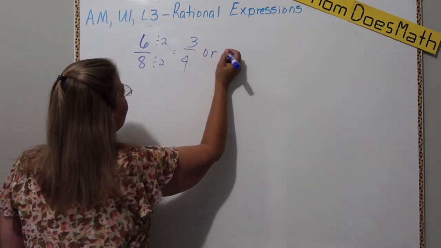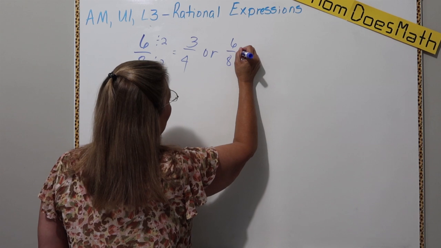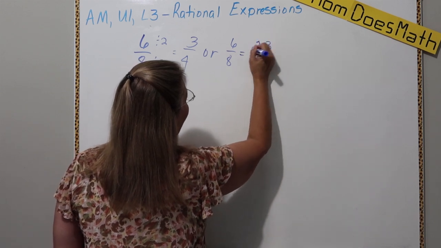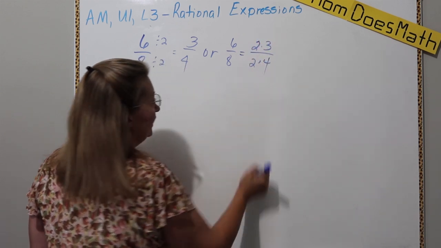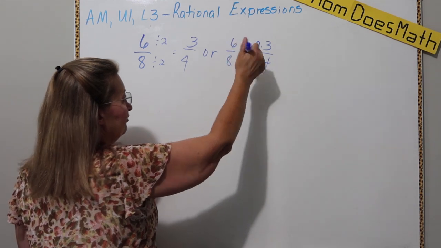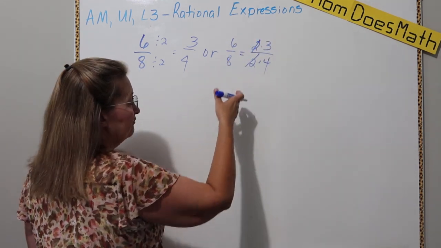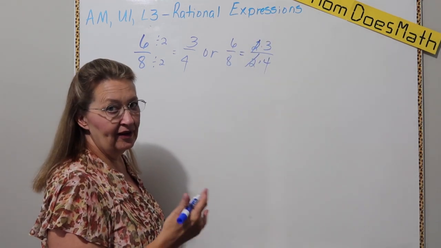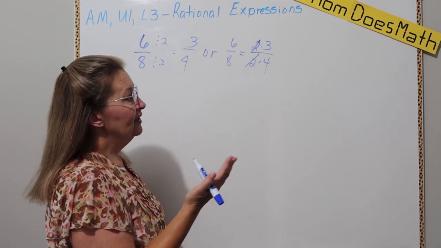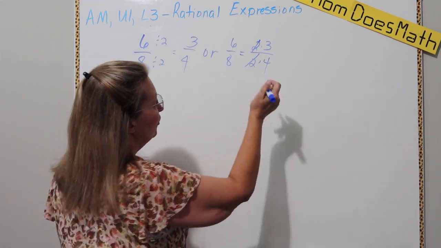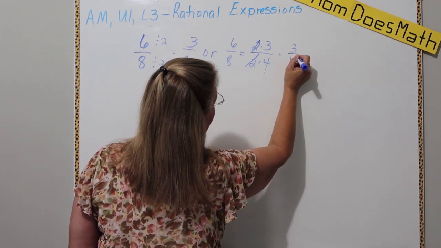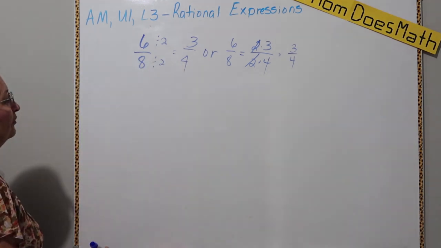Well, what if we looked at it in a different way? What if we factored each term? You see the common factor here cancels out. It divides out to 1 is what it does. I don't just want to say cancels out because it divides into 1, and 1 times any number is just that number. So we wound up with 3/4.